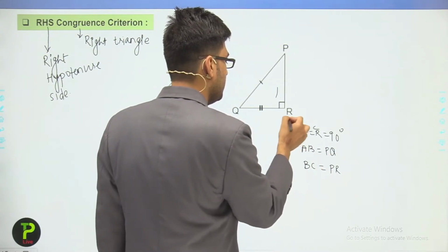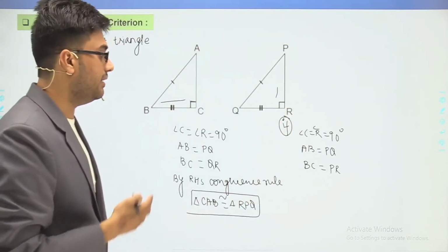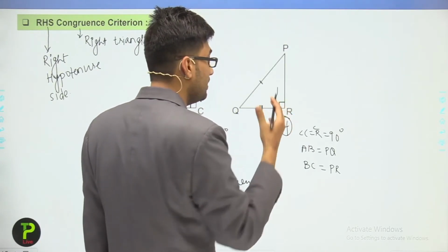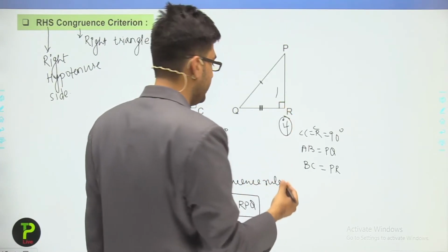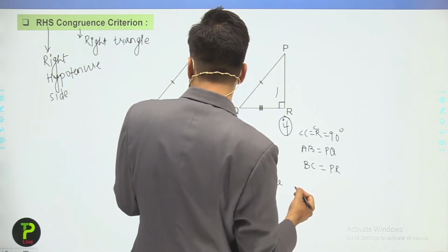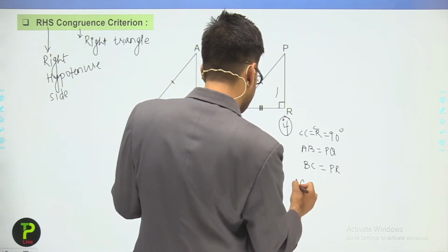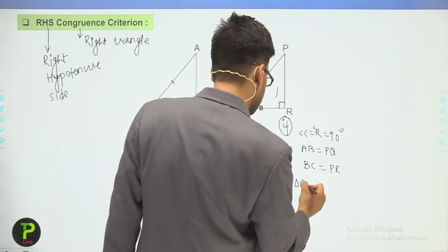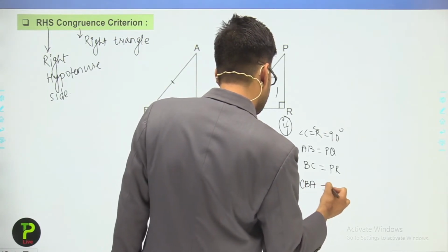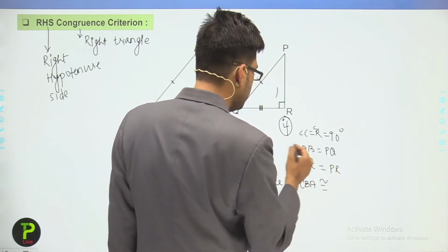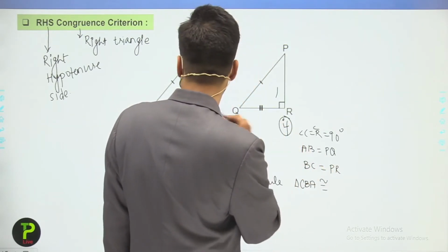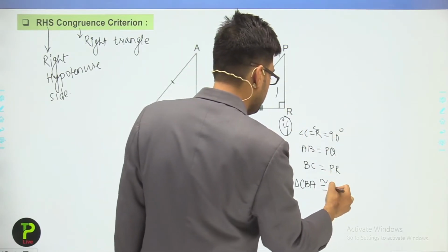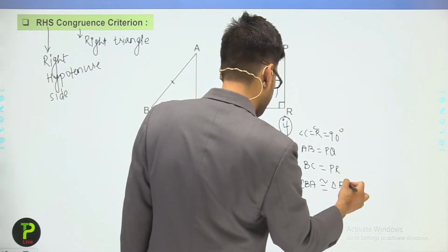This is the illustrative example here. If BC is equal to PR, then how can we write this? We can write triangle CBA is congruent to, here BC is equal to PR, so we have to write triangle RPQ.